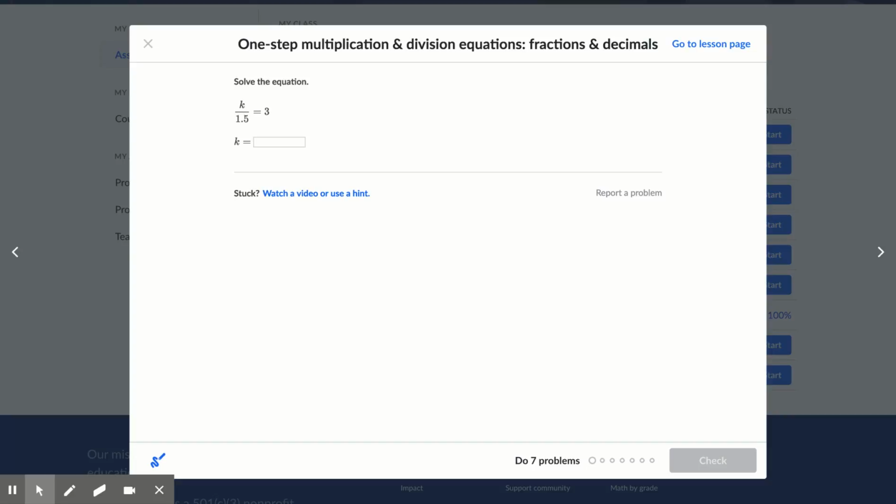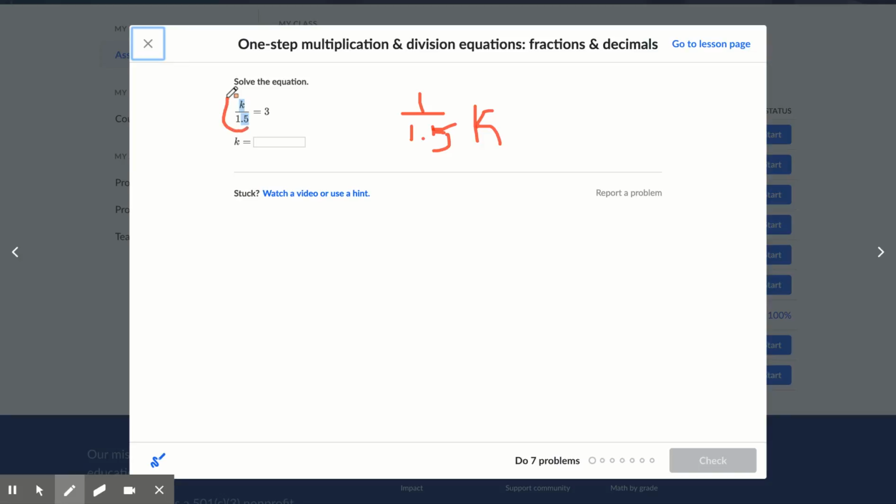And whenever you see something set up like this, it's a fraction. When I see that, I could rewrite this out like 1 over 1.5 K. That is the same way of writing it out.